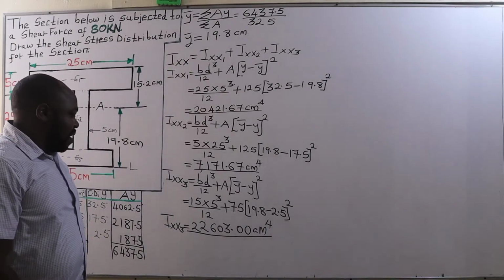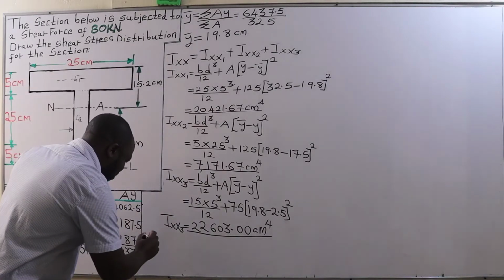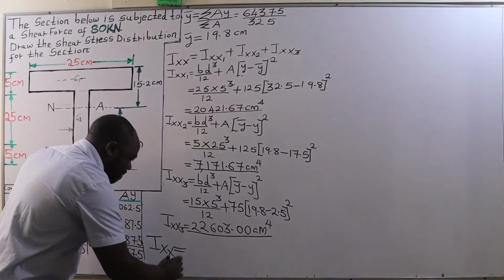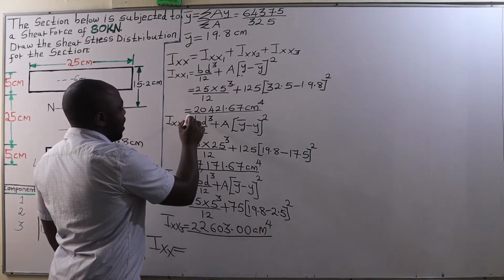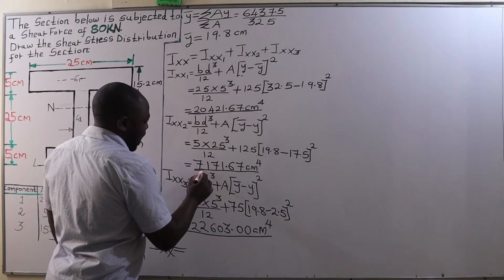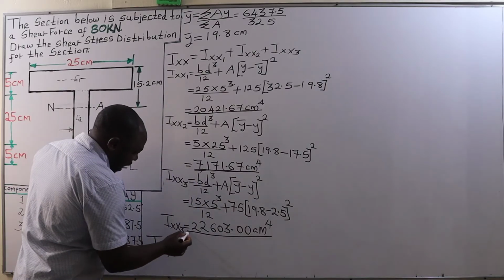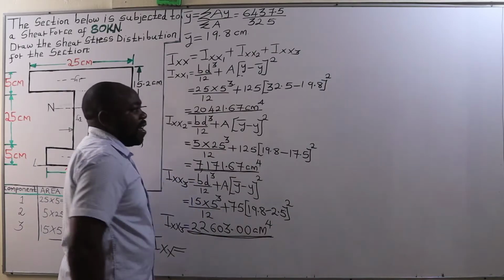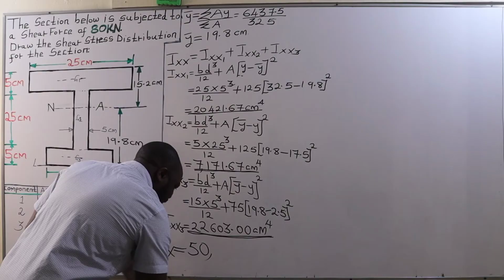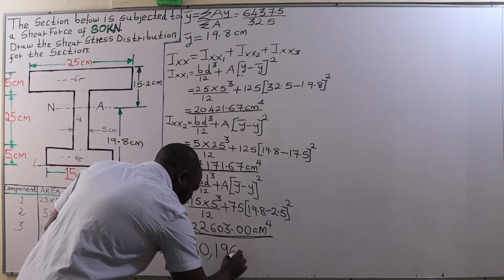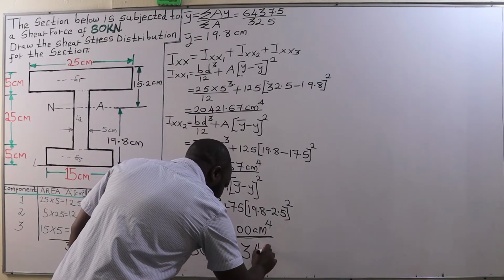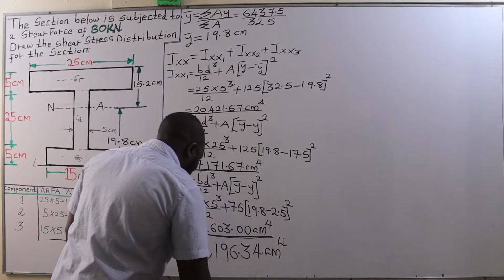Therefore, that is the value of Ixx3. Now, for us to get the moment of inertia about the XX axis of the whole I-beam section, we are going to add Ixx1 plus Ixx2 plus Ixx3, and that's going to give us 50,196.34 centimeters raised to the power of 4.